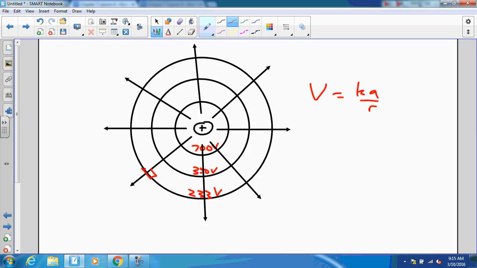And the reason for this is really simple. The field lines are going to point in the direction of steepest drop off in voltage.